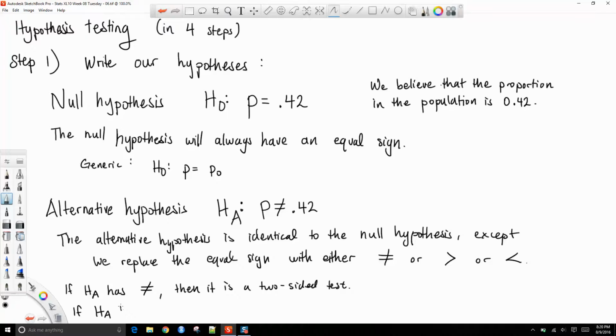If the alternative has a greater than or a less than, then it is a one-sided test. So we say p is equal to 0.42 versus the alternative that p is not equal to 0.42. Or p is equal to p0 versus the alternative that p is not equal to p0, or p is greater than p0, or p is less than p0.